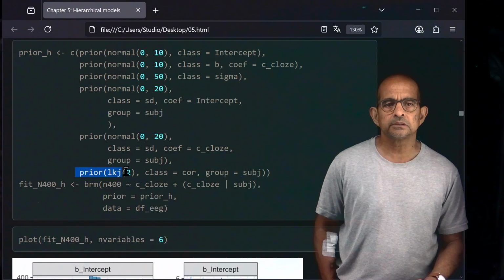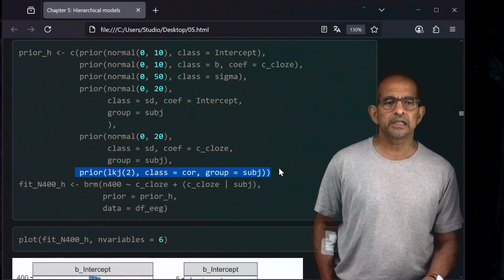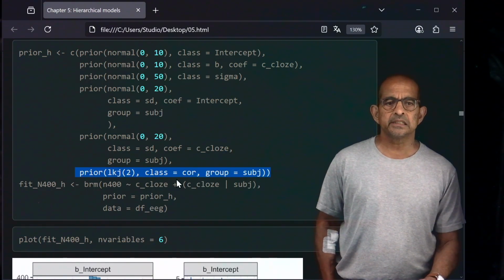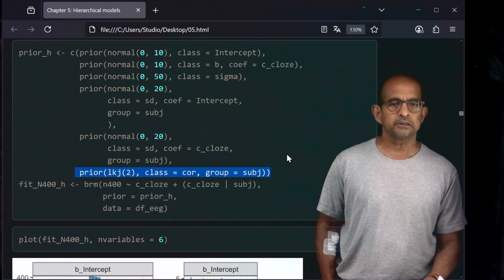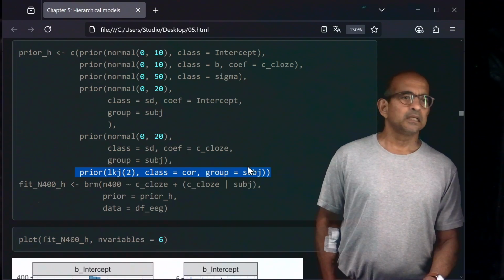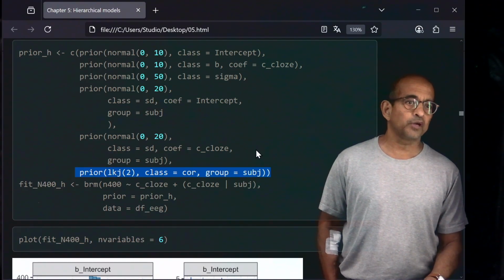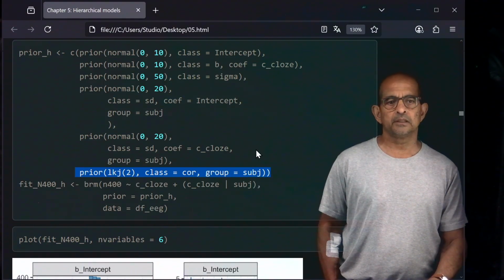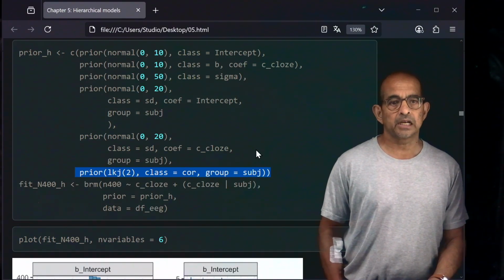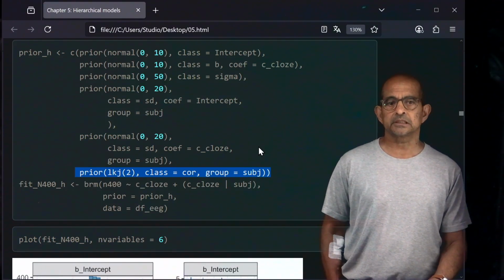So here you see the LKJ prior. We are defining the prior to be on the grouping variable subject here. If we had another variance covariance matrix for items, for example, and that's coming up very soon, then you will need one more LKJ prior for items. Okay, so that's coming later.